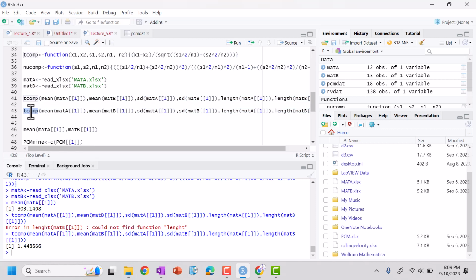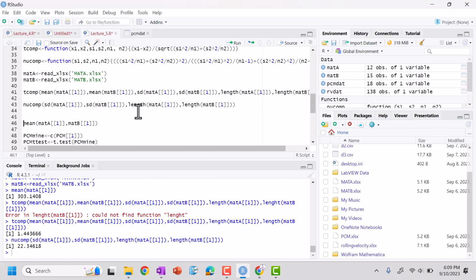Now instead of t-comp, let's do new comp. So let's look at our degrees of freedom. So here I don't need my means, I just need the standard deviations and the numbers. So basically what I'm looking at here is about 22.3.